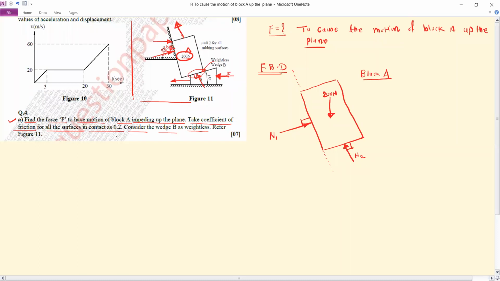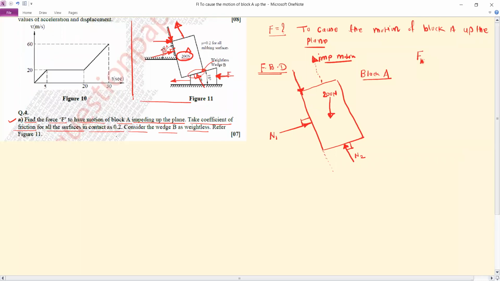So the friction force at this contact surface will be opposite to the impending motion. First, show the impending motion direction. This is the impending motion of the plane. Friction force will be in the opposite direction to the impending motion, and it is tangential to the contact surface.